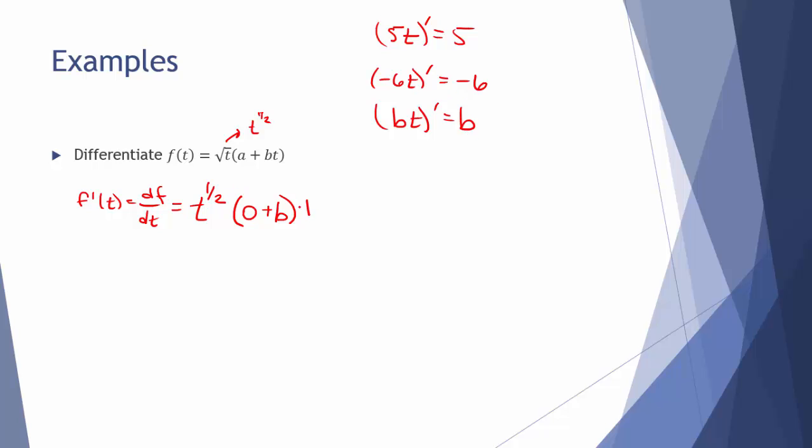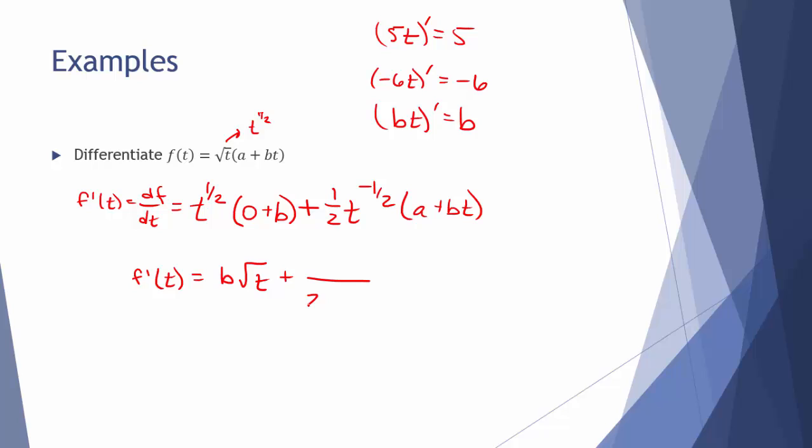Plus, I need the derivative of t to the 1/2, so that's 1/2 t to the negative 1/2 times the second function, a plus bt. So if we clean that up just a little bit, the derivative of f at t is b times the square root of t plus the t to the negative 1/2 will move down to the denominator along with the 2.